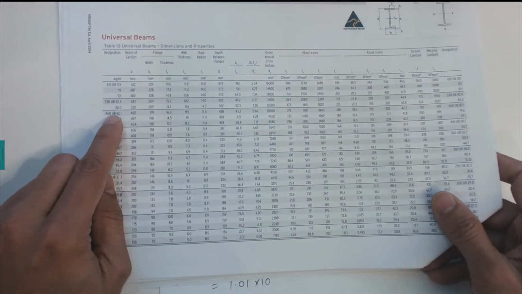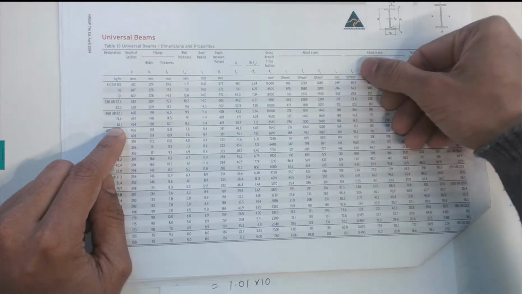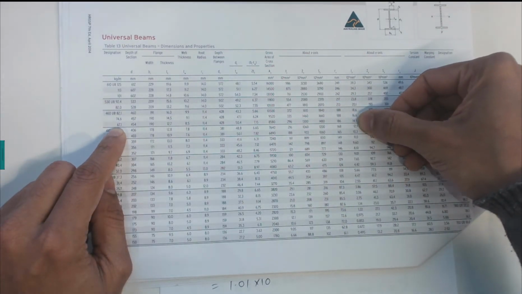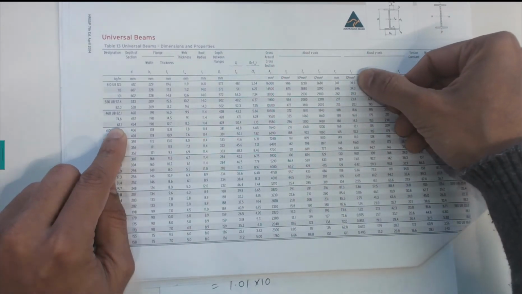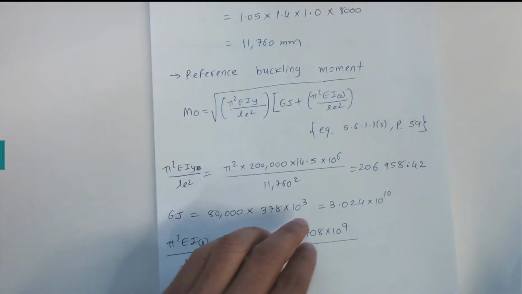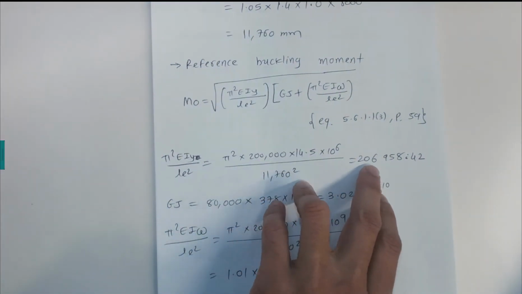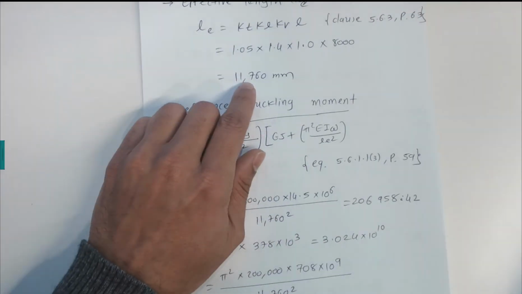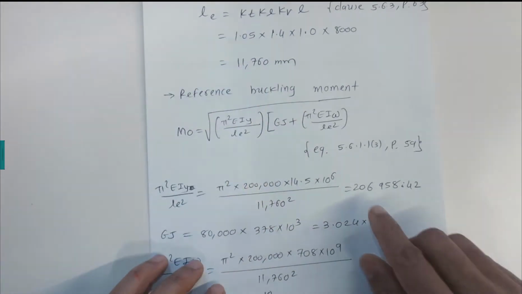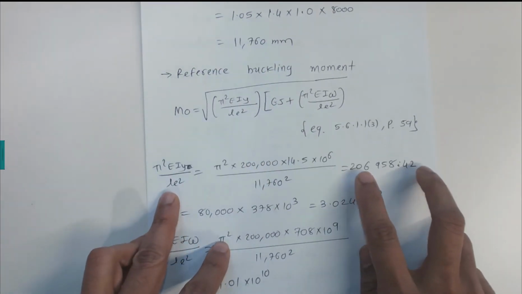That is divided by Le, which we just found, 11,760 millimeters squared, and then we have these big numbers here.